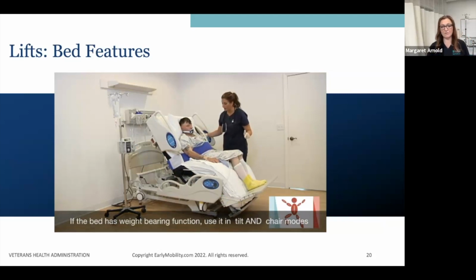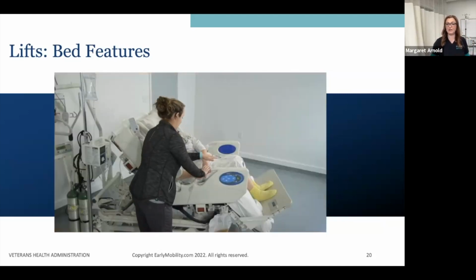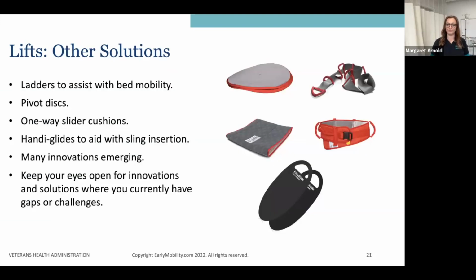In this particular model, it has a foot plate which bears weight. This can also be used to help push against for various activities when the patient is still in their bed. So the message with all of these lifts and their features is know your products, know all the features they will do, and use those to help replace the manual lifting to assist your patients to move.